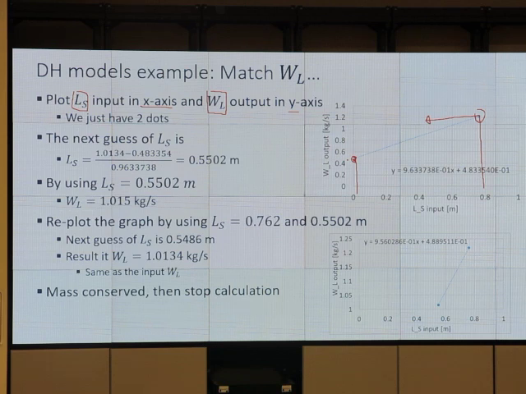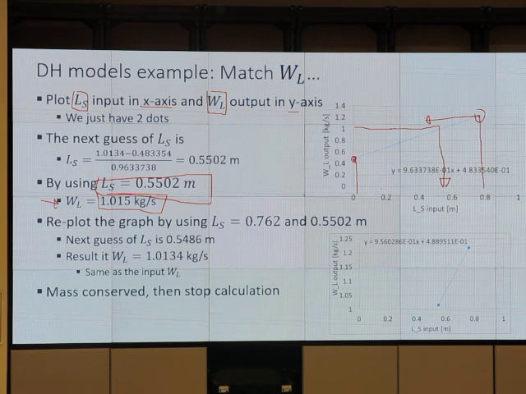And what do I need? I need the output of 1 point something, right? So I can read from my graph. What should be the next case? The WL target is 1.015. So I go there from this linear line, go down. The next case should be 0.55 meter.